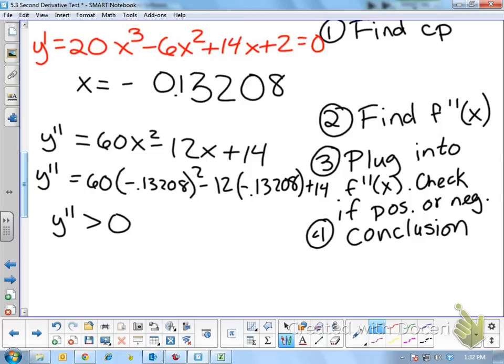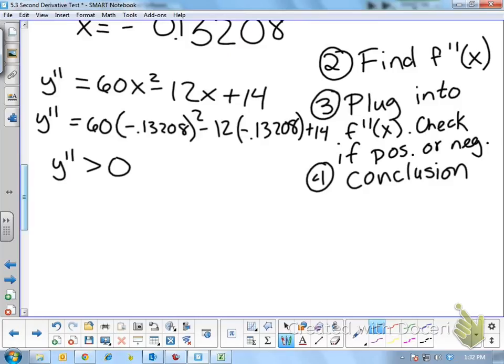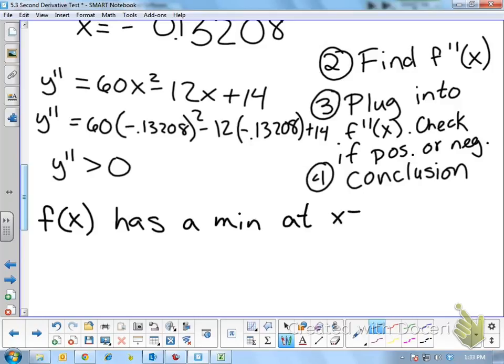That's not the same for everyone, just my brain. So we have a minimum. f of x has a minimum at x equals negative 0.132.